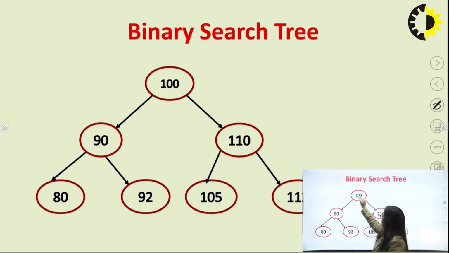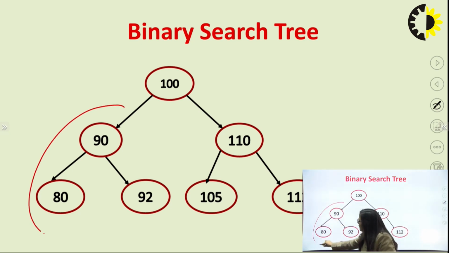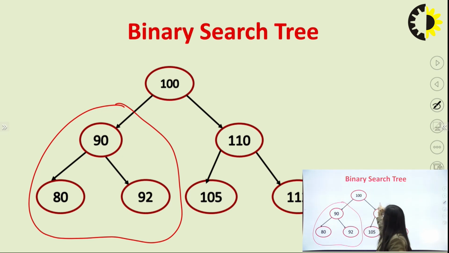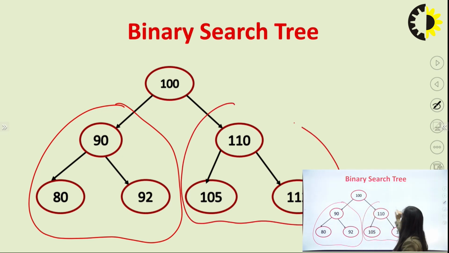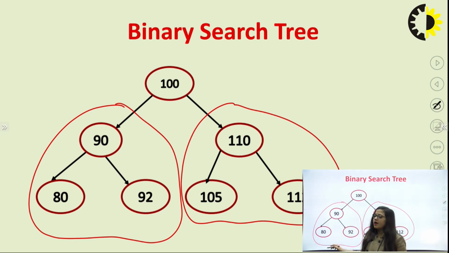Let's take an example. This is the main root, that is 100, and this is called the left subtree and this is called the right subtree. Now check all values: all element values are less than their parent node.